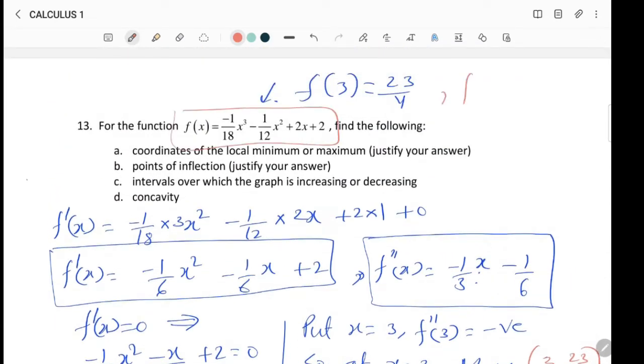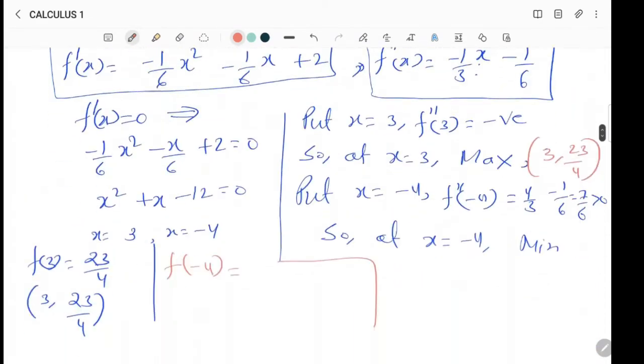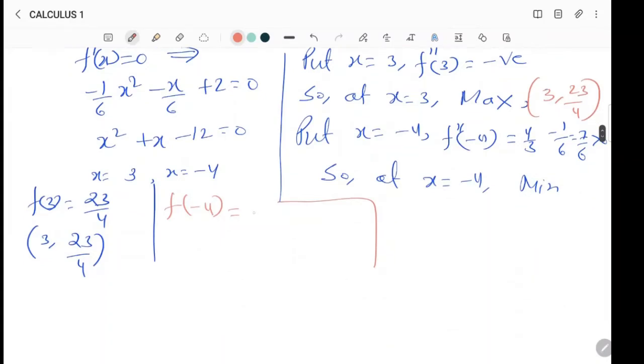Similarly, we have to put x equals minus 4 in this, and find f of minus 4. After substitution of minus 4 we got minus 34 over 9. So f of minus 4 is minus 34 over 9. I just used the calculator.